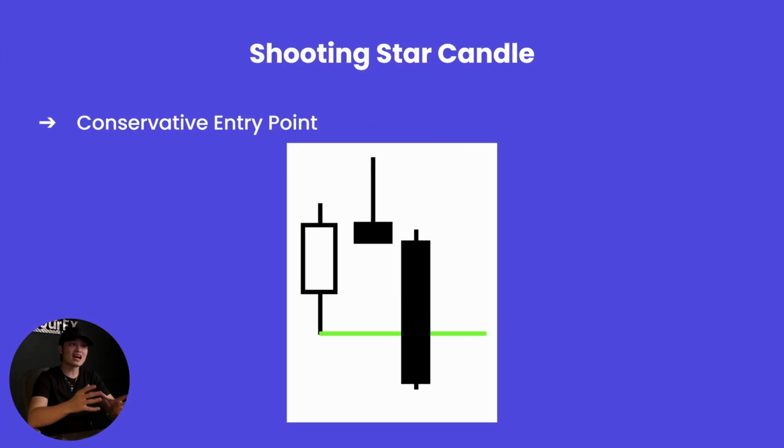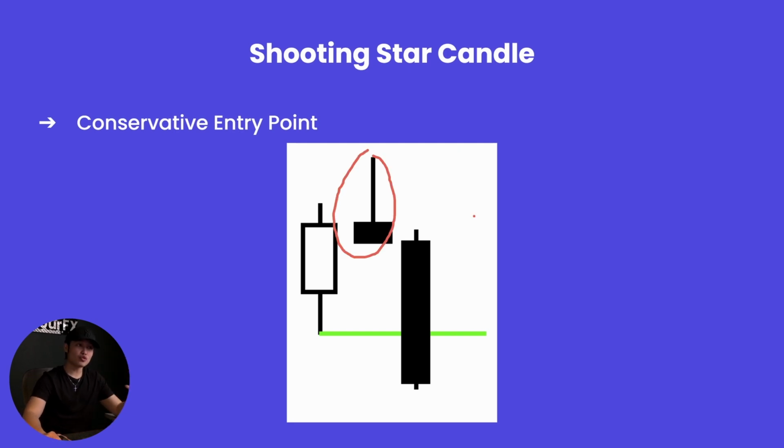And then we start with the shooting star candle. For the shooting star candle, we have a conservative and a more aggressive entry. This is the shooting star candle right here.